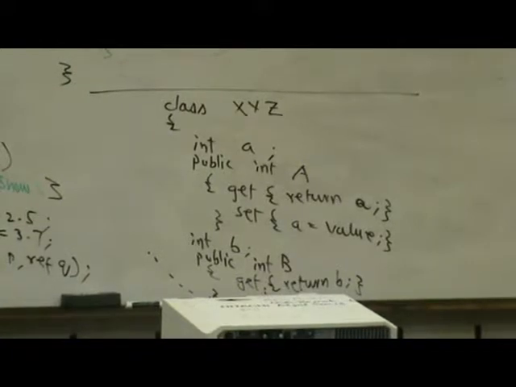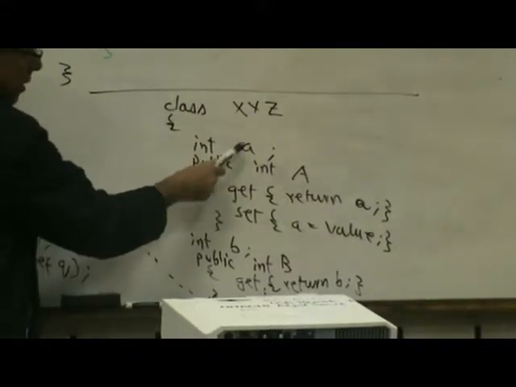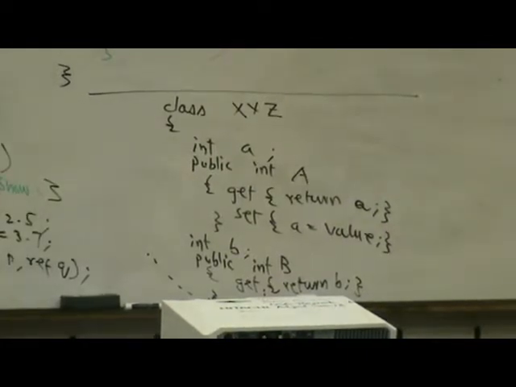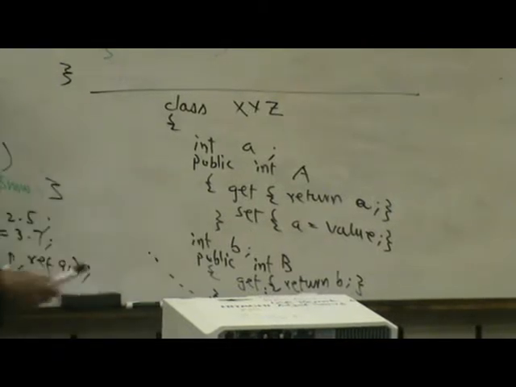So let's pretend sometimes you wanted the A field over here to be integer. Sometimes you wanted the A field to be double. Sometimes you wanted it to be a string.